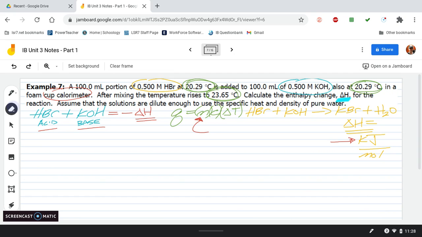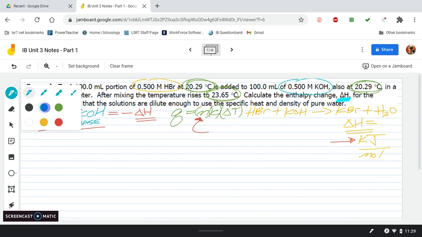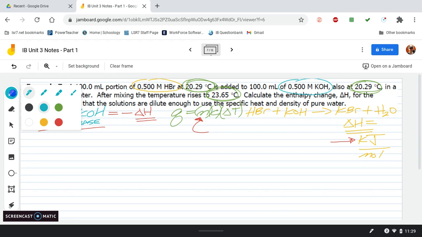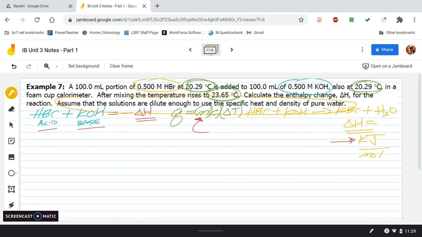Well, if we come down here and look carefully at the problem, it gave us some hints. They don't usually give us these things for no value. So they said that we can assume that the solutions, I'm going to highlight that right here, are dilute enough to use the specific heat and the density of water.